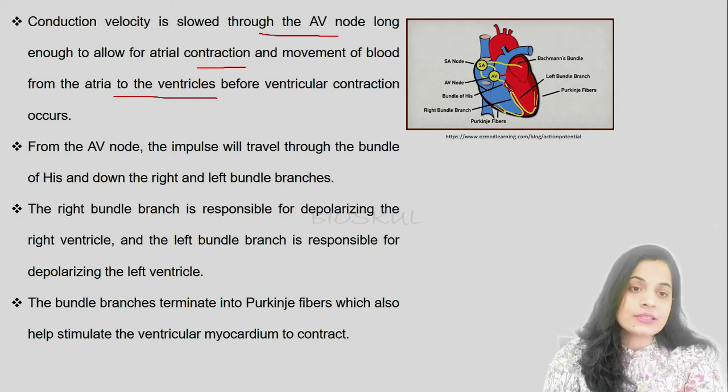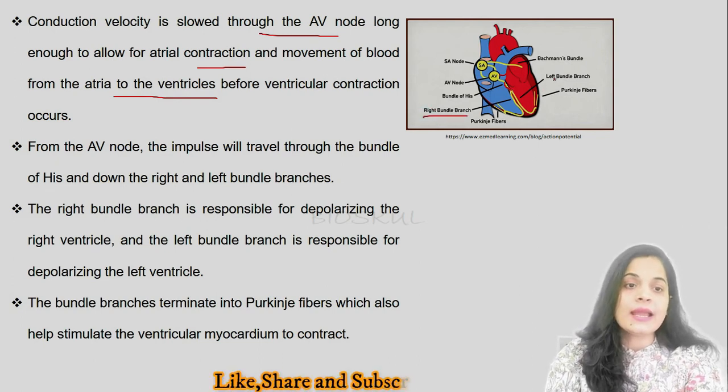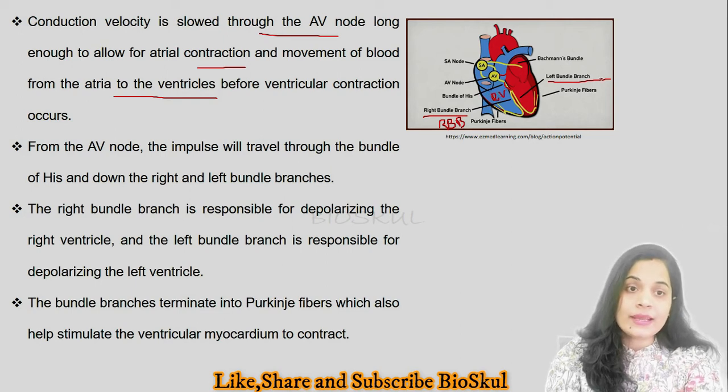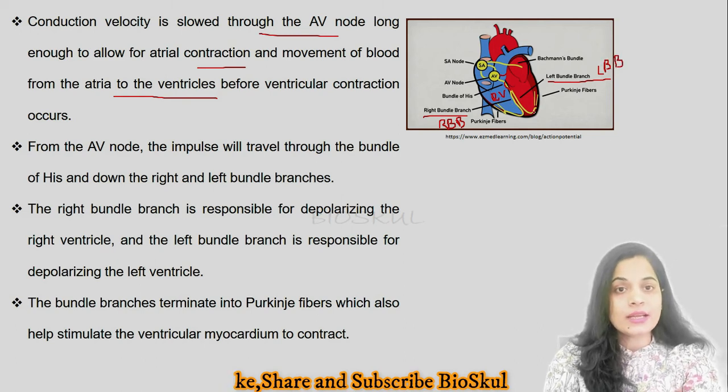The bundle of His moves in the interventricular septum and branches into the right bundle branch and left bundle branch. The right bundle branch causes the depolarization of the right ventricle, whereas the left bundle branch causes the contraction of the left ventricle and interventricular septum.